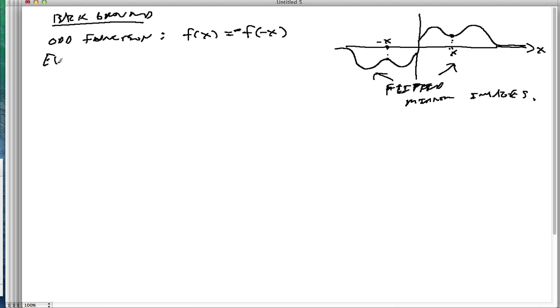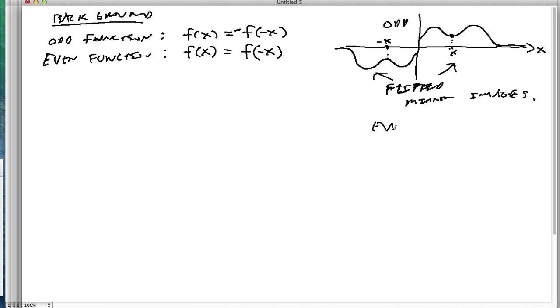And an even function is similar. It's a function such that f of x evaluated at some value of x is equal to the function evaluated at the negative value. So this is an odd function.